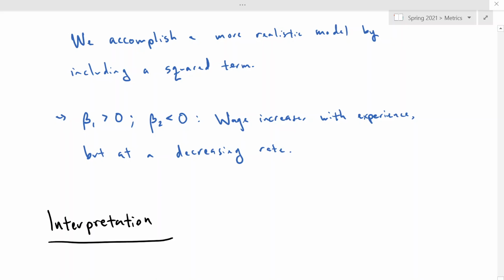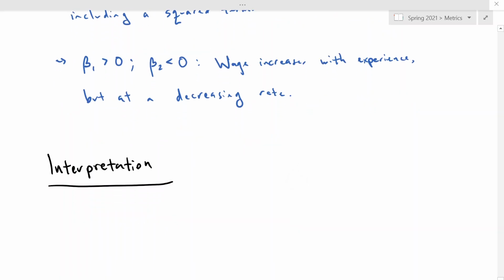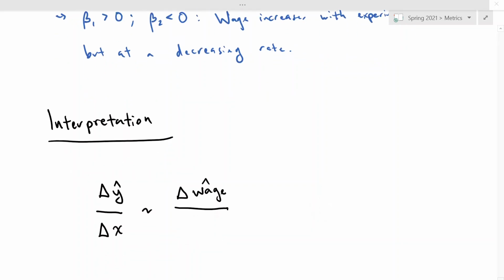Because ultimately, the question that we're interested in is, how does y change when we change x? Or in this case, how does the estimated wage change when we change experience?